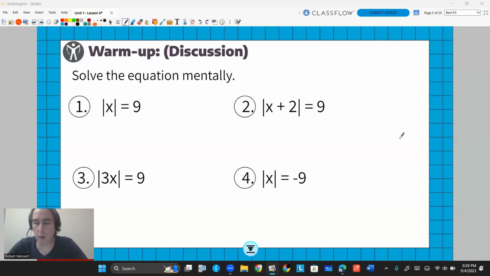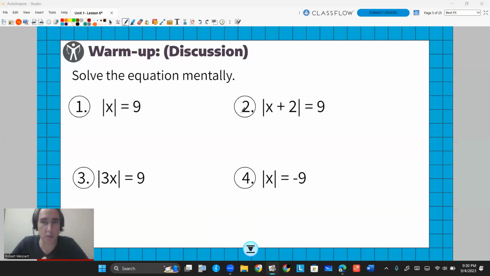The purpose of this warm-up is to get you thinking about what possible answers could be the value of x when you have an absolute value. Remember, those vertical bars mean absolute value, and what it ends up meaning is the absolute distance from 0 on a number line. So when you talk about the absolute value equals 9, can you think of some numbers that will make that equation true?